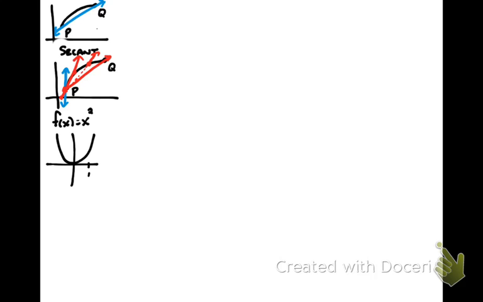And we would like to talk about what's happening at this curve, specifically at x equals 1. And we're going to examine it as our secant line begins at 2 and gets closer and closer to 1.